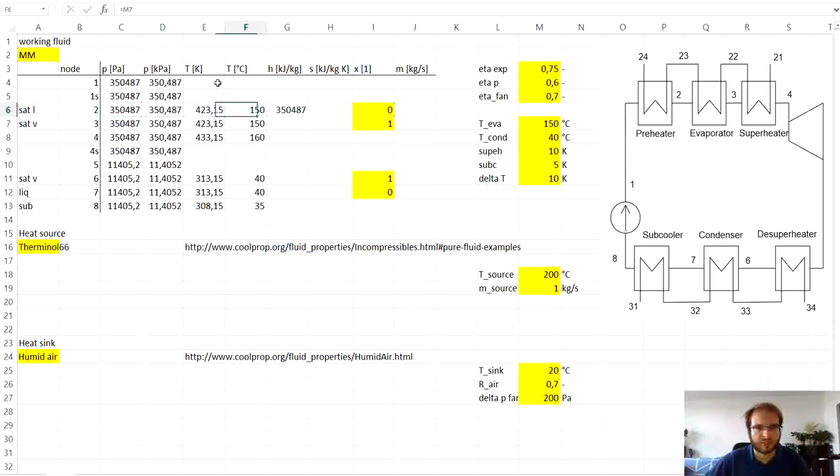Now the only thing that we will change is the output property, because the inputs are the same. We change the output parameter that we want the property function to return. So we would change it to H as enthalpy, and because we want enthalpy in kilojoules per kilogram, divided by 1000.